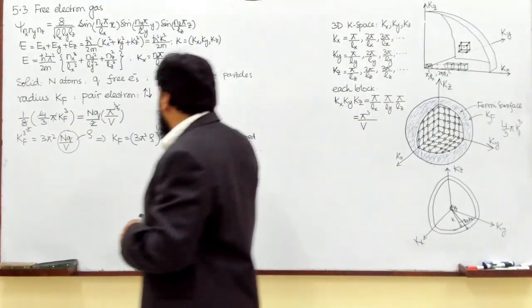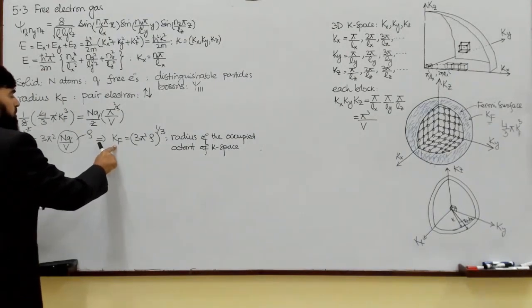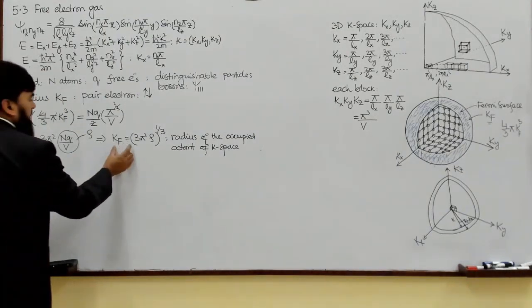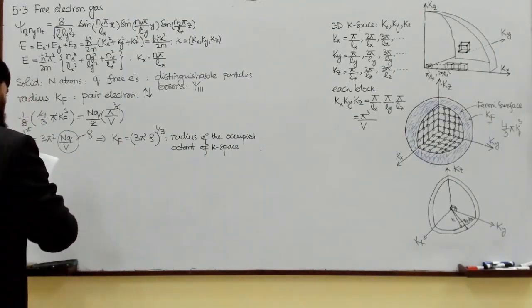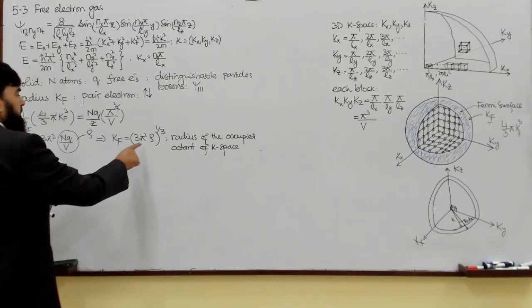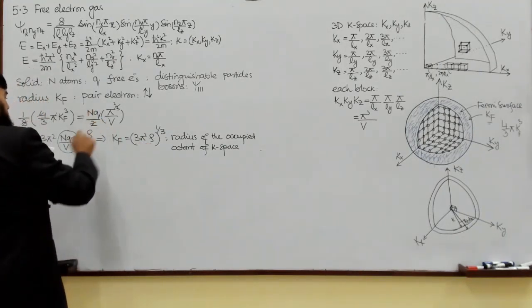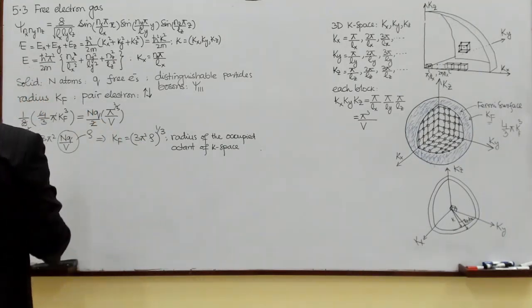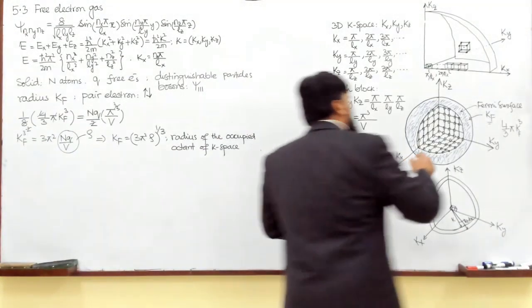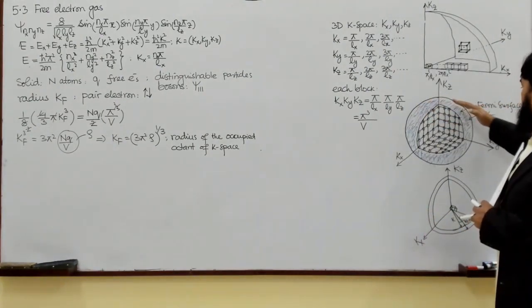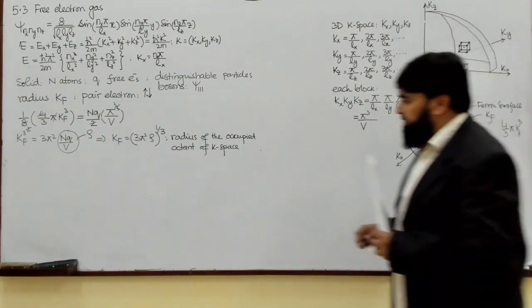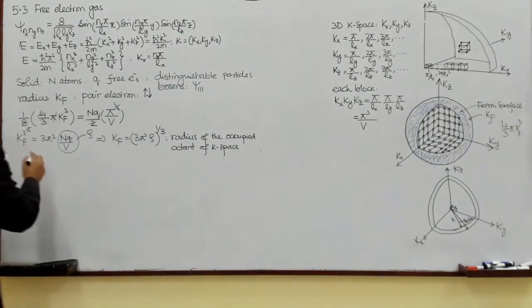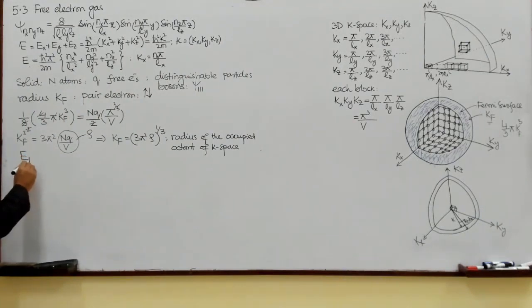So I have found the radius of the sphere in k space, or the Fermi sphere. In terms of the density of electrons, I can write that the energy of the occupied levels is EF, which we call the Fermi energy.